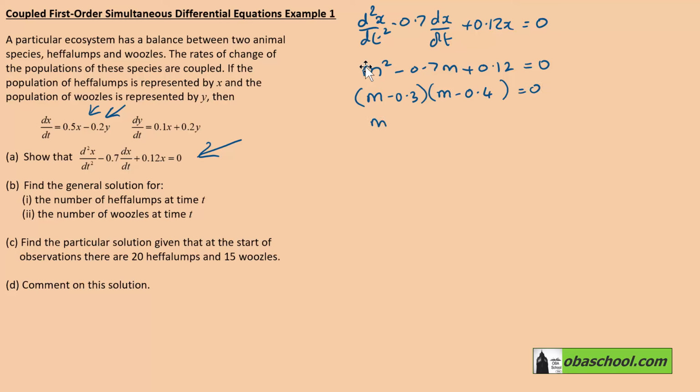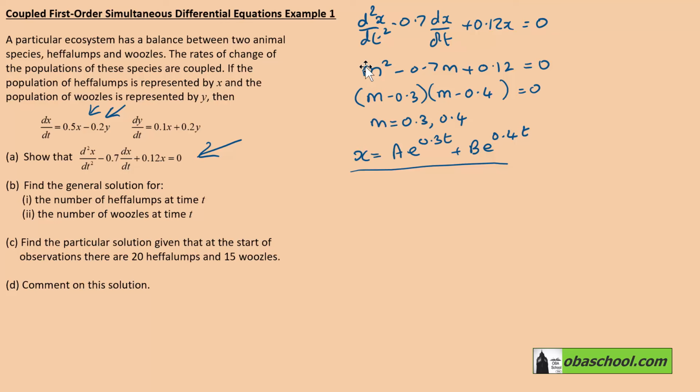So m is 0.3 or 0.4, and therefore x is equal to a e to the 0.3t plus b e to the 0.4t. So that's the general solution for the heffalumps.